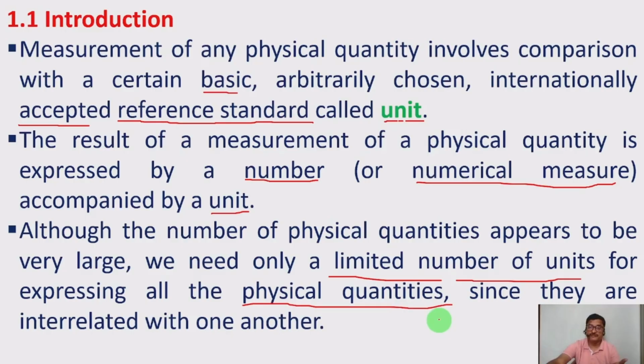For sugar we have the same unit, for sand the same unit, the kg, and for other things like stone, any other physical quantity, the same unit can be used. Those are interrelated.